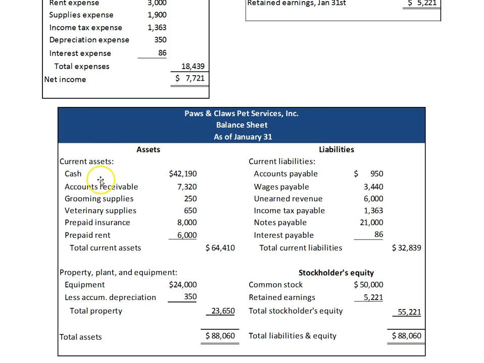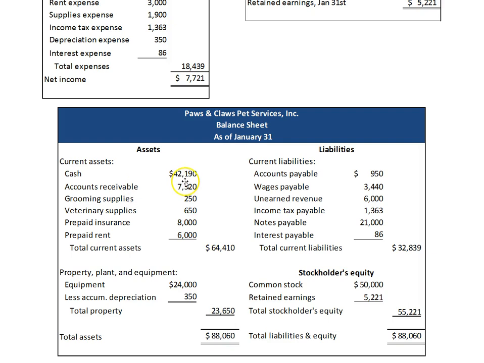Alright, let's look at the assets here. They split up the assets into two types, current assets and then property, plant, and equipment. Current assets are things that we're going to use up effectively within 1 year. So anything we can use up within 1 year is a current asset. Things like equipment or building would be under property, plant, and equipment. They're expected to last more than 1 year. So the cutoff here between current and long-term is 1 year.